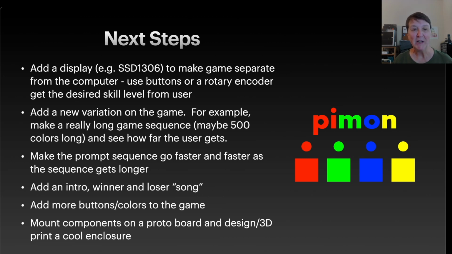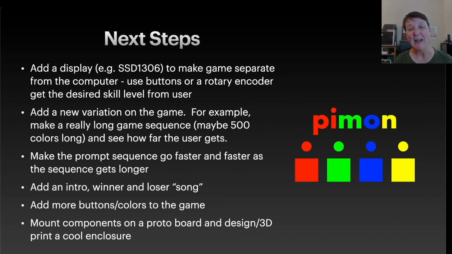So that would be another variation on the game, and then people could compete against each other maybe. That would be fun. The other thing is you could make the prompt sequence go faster and faster as it gets longer and longer, and that could make the game harder to do. So you could maybe make some more skill levels by increasing the speed of the playing back of the sequence.